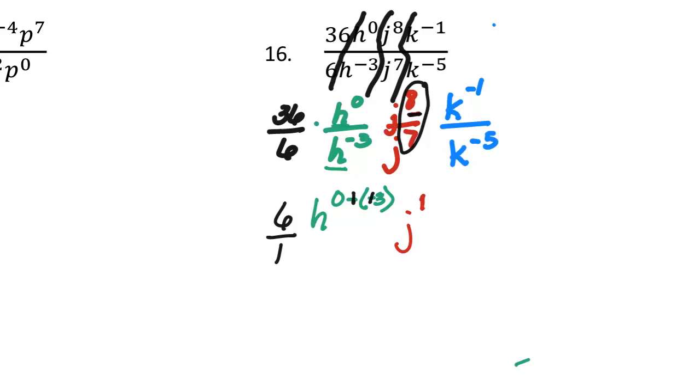K to the negative 1st divided by k to the negative 5th. Again, I'm going to subtract. I'm going to write this one out though. K to the negative 1 minus negative 5. You cannot have that double negative, so you change that to adding the opposite.